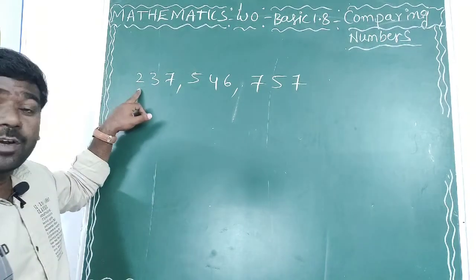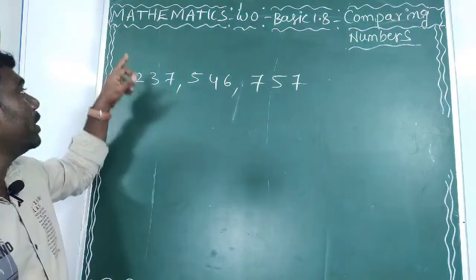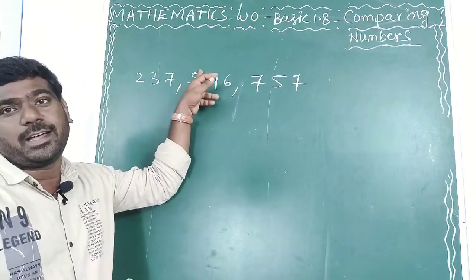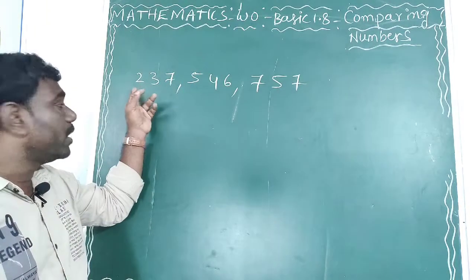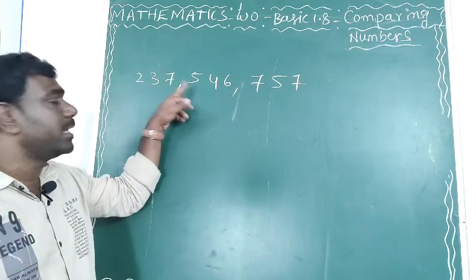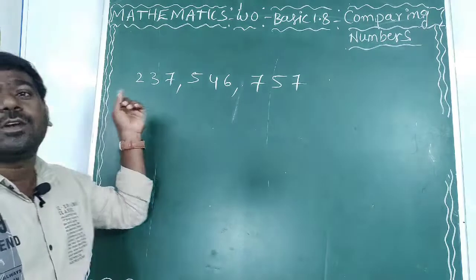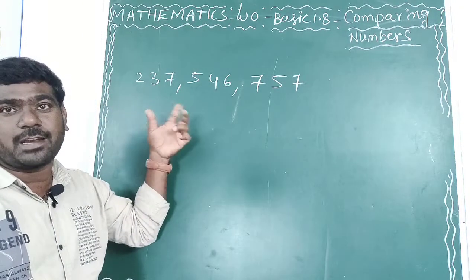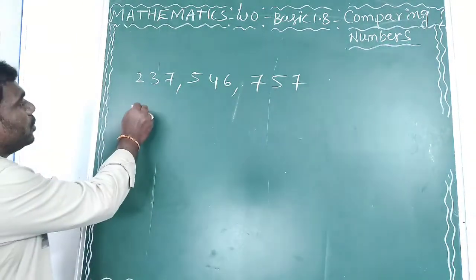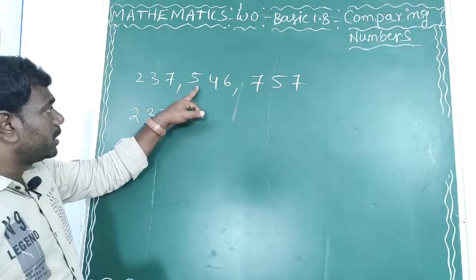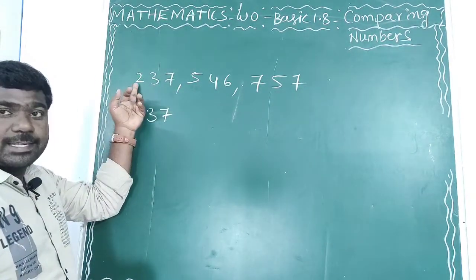What is the place value of 2 here? 200. What is the place value of 5 here? 500. We can take either the place value or the digits. I am taking only digits here, a very easy manner to compare.